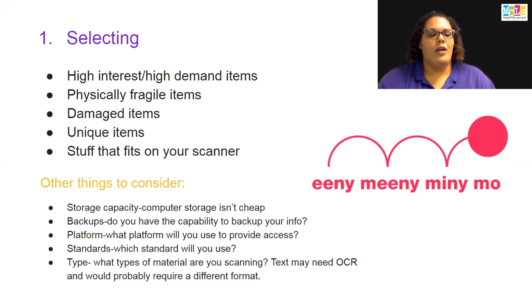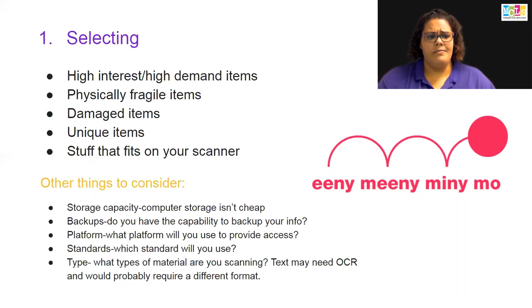So some ideas are things that are of high interest or high demand, so things that are being used constantly. Also things that are physically fragile, you may want to have a digitization copy of that. And if something's damaged, a good thing you could do is scan it, and there's also software where you can go in and correct or fix the damaged items, and just put it back together.